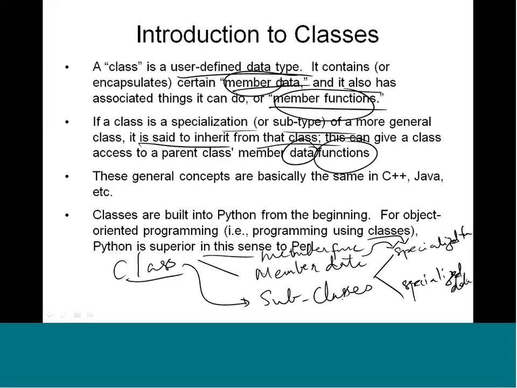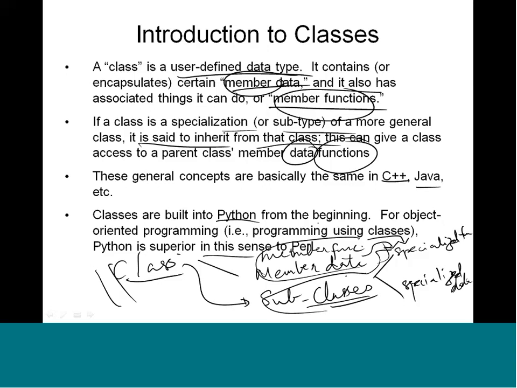So this is the way that you can look into what classes are and how the various functions can be defined. The member functions and member data that the subclass gets from its parent class is called inheritance, or this is basically an inherited class. These terminologies are pretty much the same as in C++, Java, etc. These are general concepts in other languages as well.